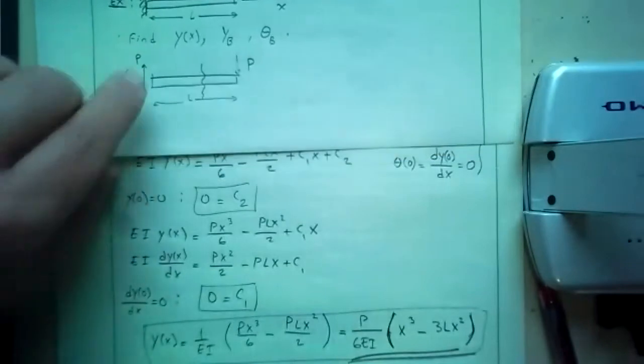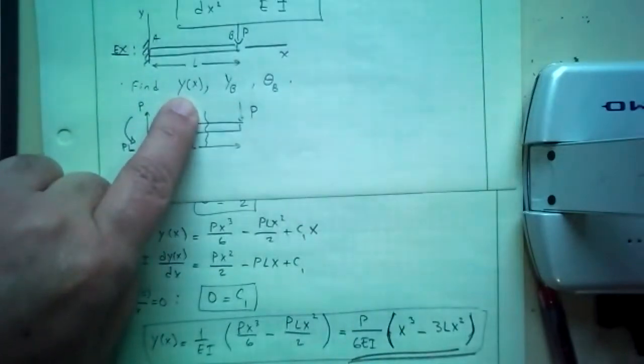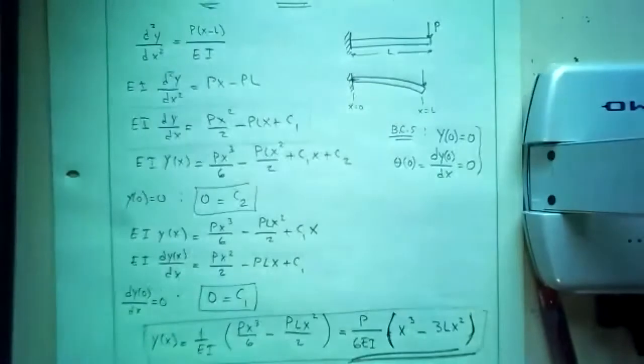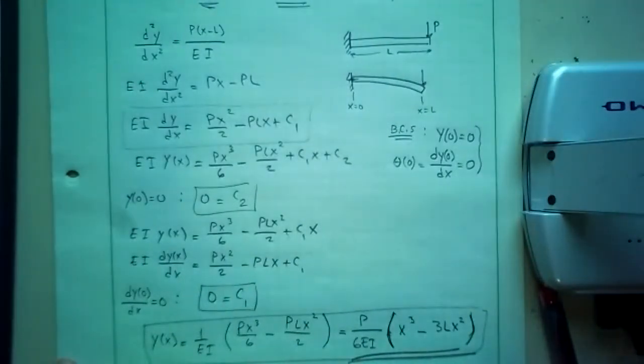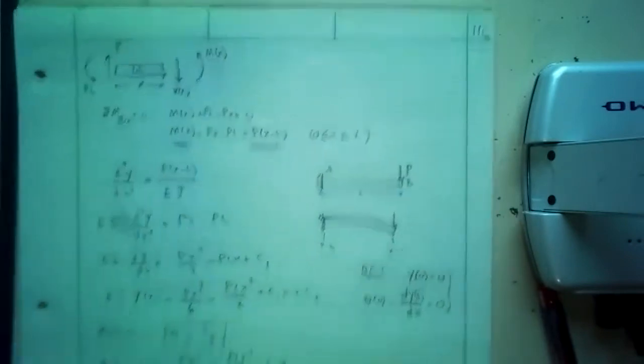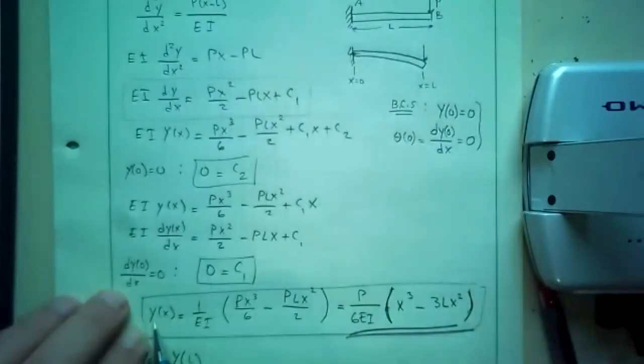All right, so that was part of it. We wanted the equation for the elastic curve, and we need the deflection at B and the slope at B. The deflection at B is the same as the deflection at x equal to L. B is at the end, right? B is over here, A is over here. And by the way, if you do deflection at A, you should get 0. So y at A, which is y at 0, becomes 0.